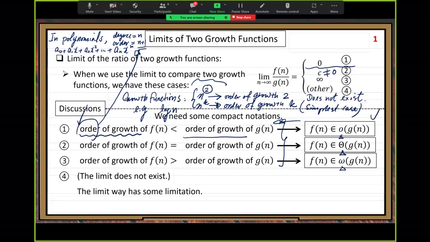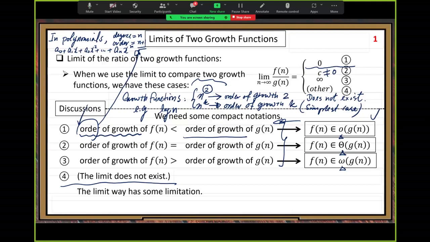And next, we need to consider case number 4, right? Because in case number 4, there is no expression between their order of growth functions, and no asymptotic notation for case 4.